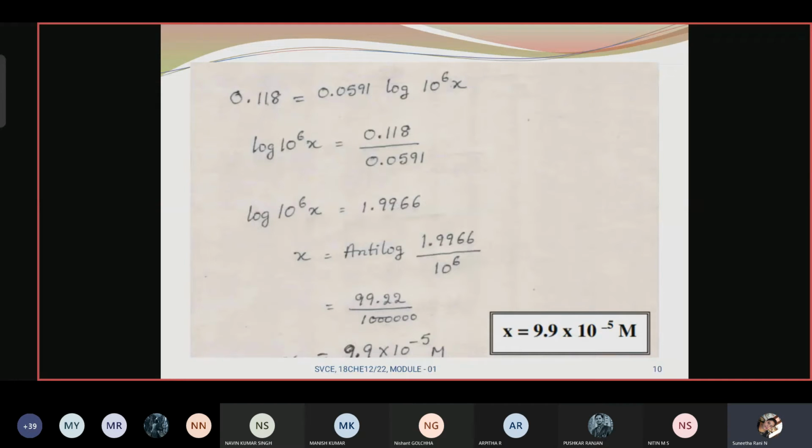Anyone, any others? Ma'am, I got nearby that value. Here 9.9, nearby that value or different? Oh, I got 9.87. Okay, good. Nearby, no problem. Others?